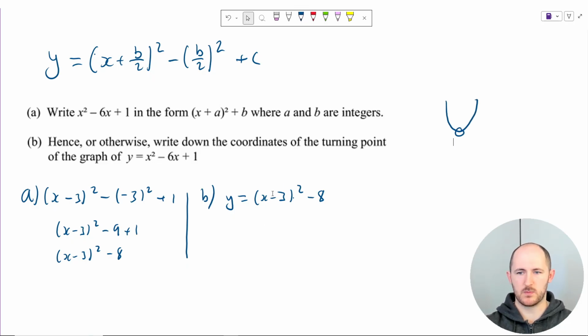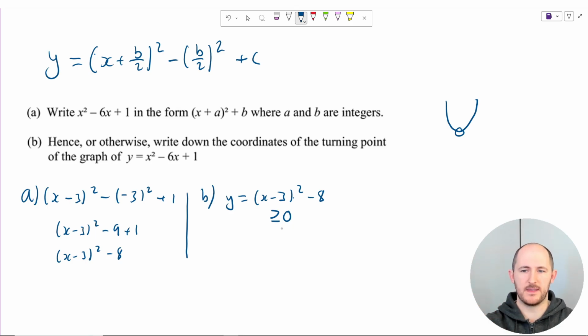If I have a look at this, what is the smallest value this whole thing can be? Well, if I look at this bracket here, it could be any number from minus infinity to plus infinity. But I'm squaring it, which means this can actually never be negative. So this first thing here is always bigger than or equal to 0. The smallest thing that something squared can be is 0.